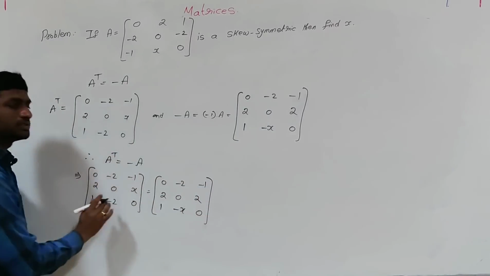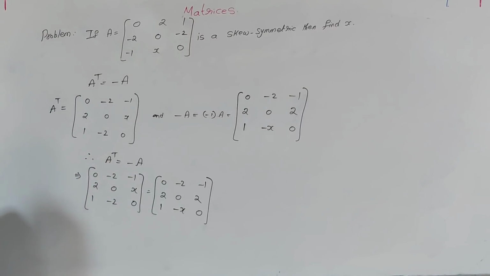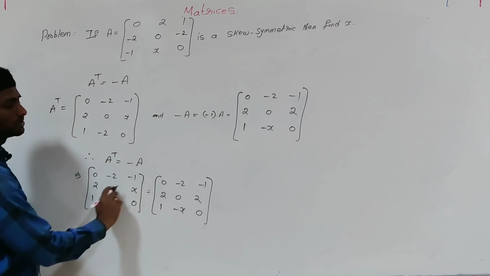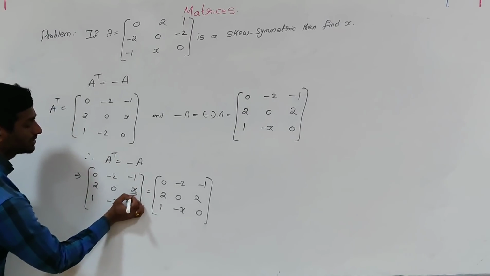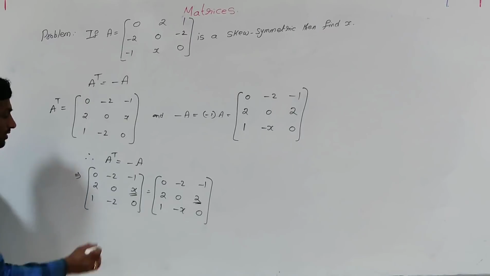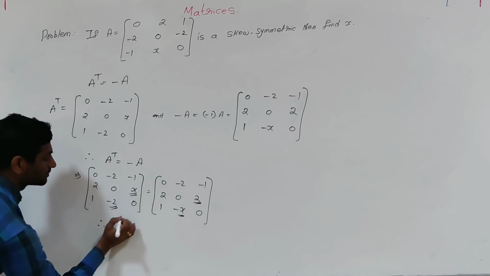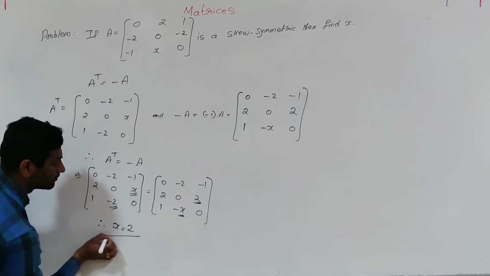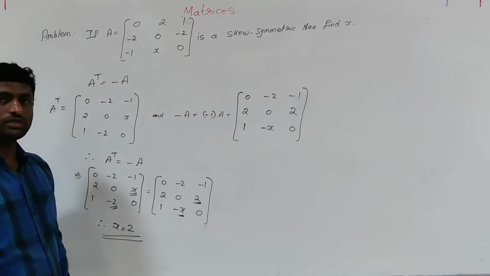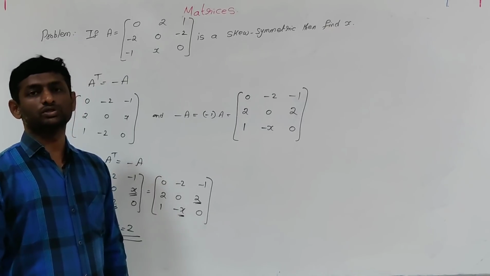If these two matrices are equal, then what is the question? Find x. Now compare these two matrices, you can get the x value here, or from here also. So from this, x is equal to 2. So this is a question on skew symmetric matrix.